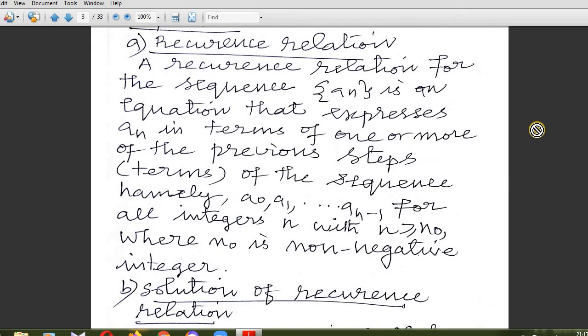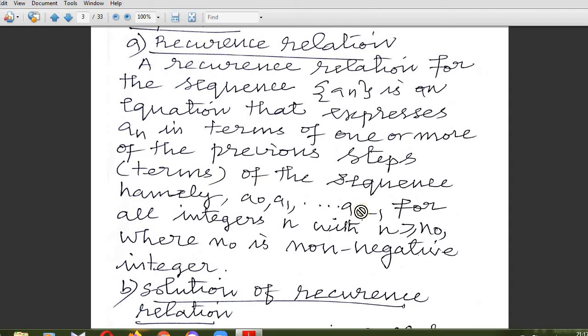A recurrence relation is a sequence an in which each an can be obtained from one or more of its previous terms. That's what we were discussing previously.